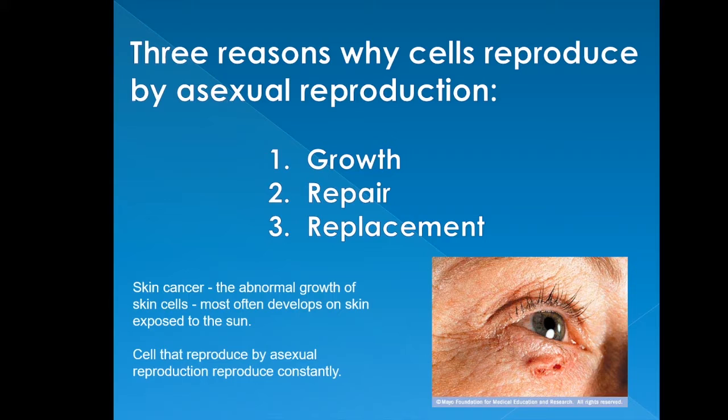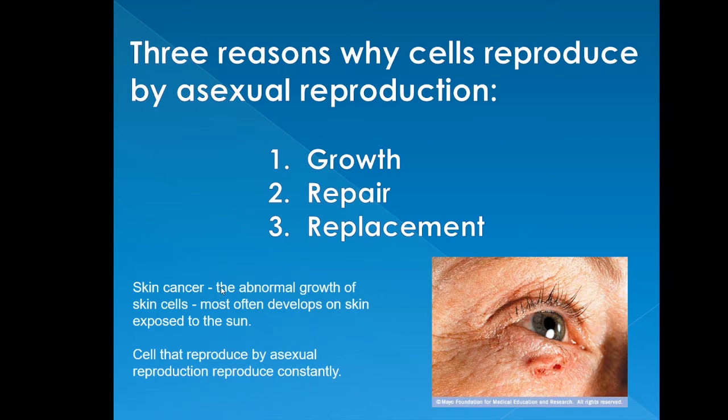And there's 3 reasons why cells reproduce by asexual reproduction. The first one would be growth. So it's how you grow. It's why animals shed their skin, because they grow and they need bigger skins. It's how a little elephant becomes a big elephant. Repair, if there's some kind of damage, and then replacement of cells if they get killed off.